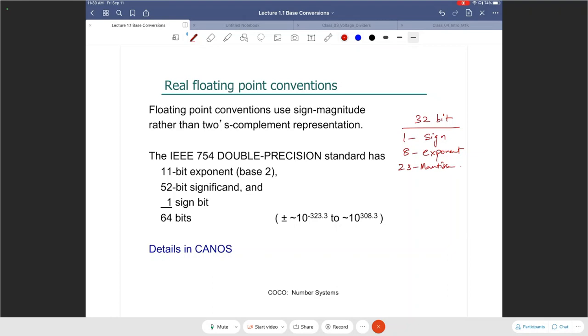They can be used to represent very, very small numbers to very, very large numbers. More details about this, how to convert, and the mantissa and exponent, are in the other course, ECSE 2660.